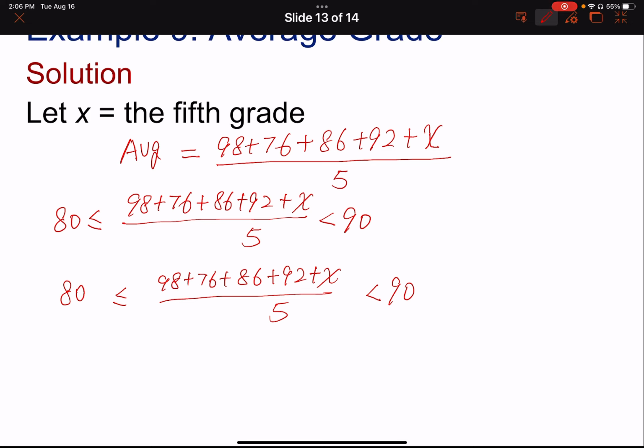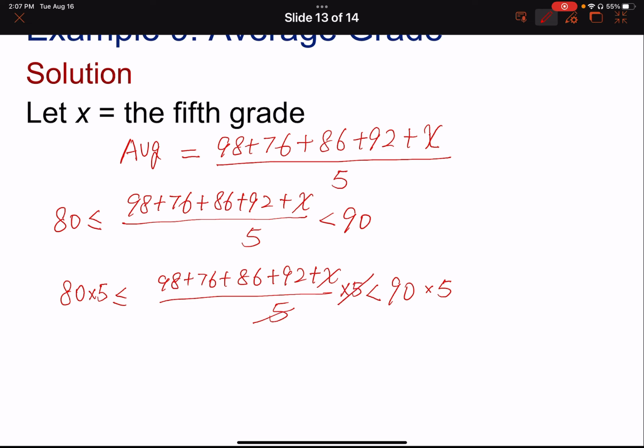So here I have the left side, the middle side, and the right-hand side. Every side by 5. Again, the goal is to remove the denominator, right? So I multiply every side by 5, and then 5 divided by 5 is 1.